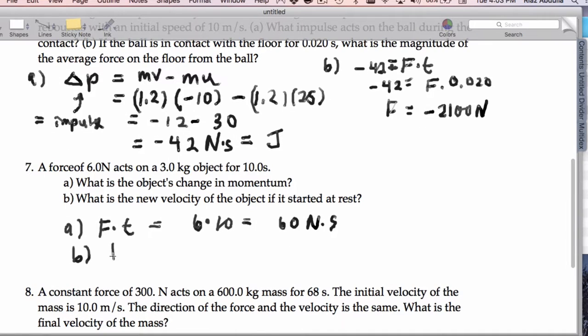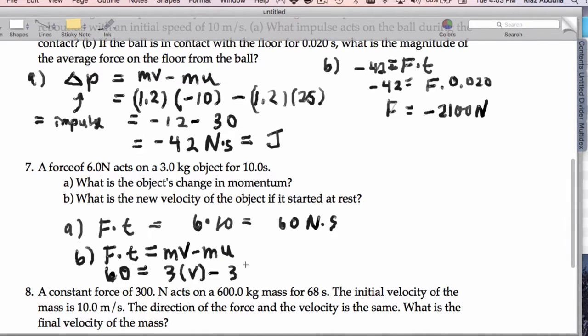So we're going to say that F times t equals mv minus mu. That'll be 60 equals 3 times v minus 3 times 0. When we isolate, v will end up being 20 meters per second.